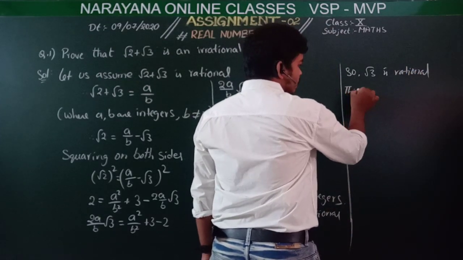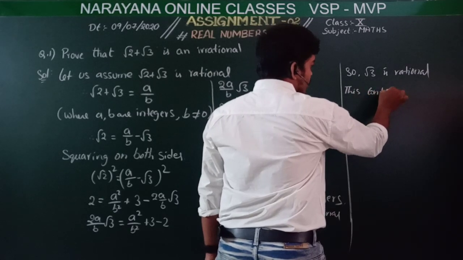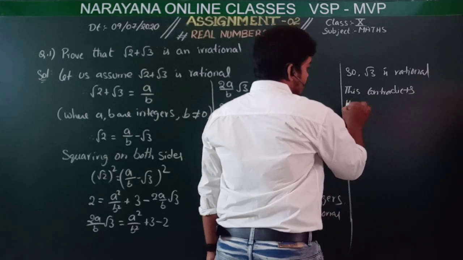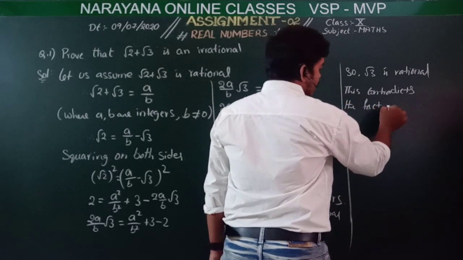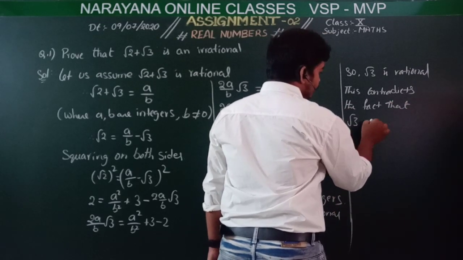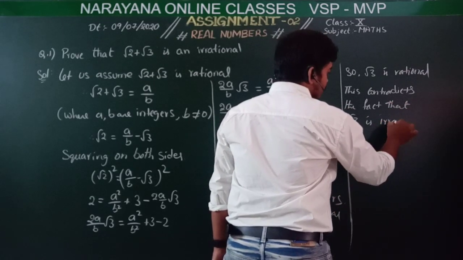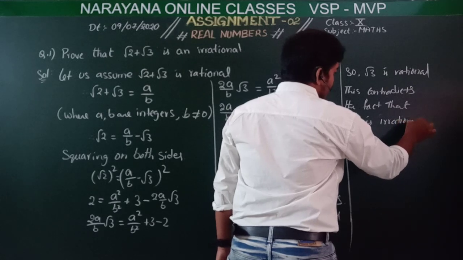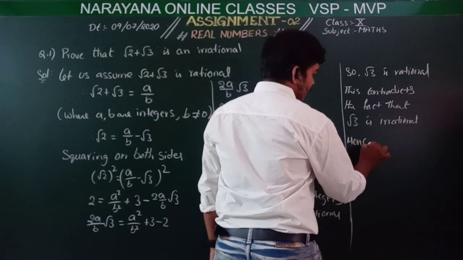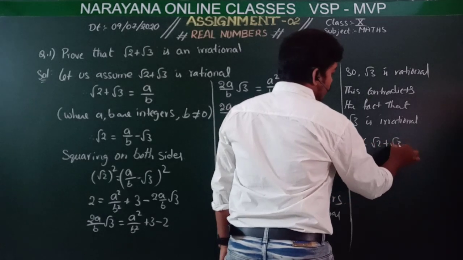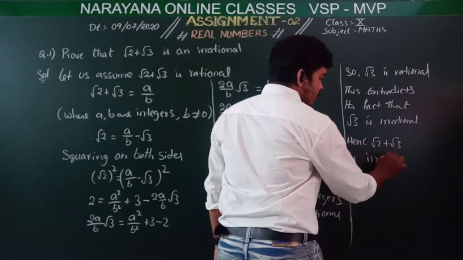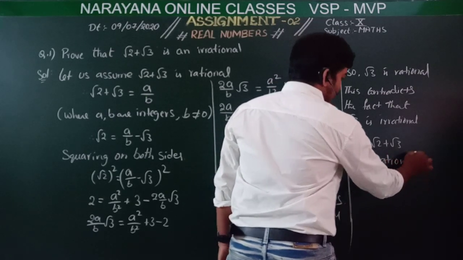This contradicts the fact that root 3 is irrational. Therefore, hence root 2 plus root 3 is irrational.